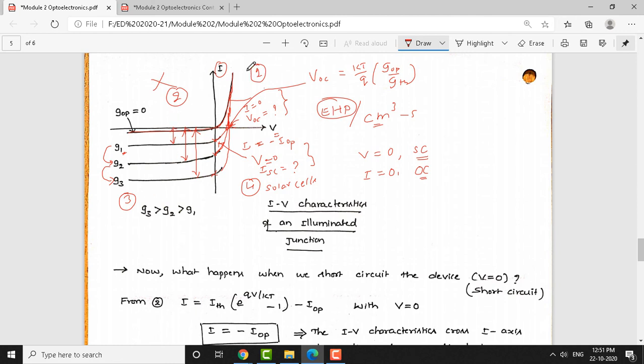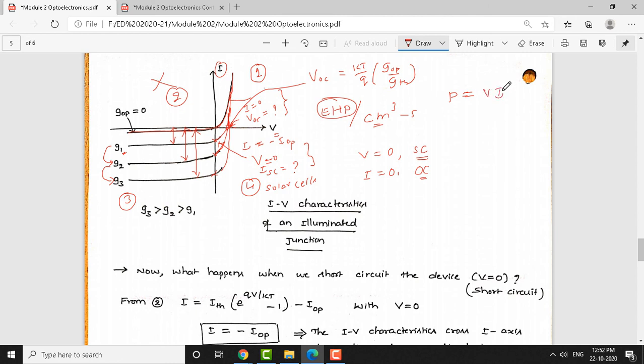In the first and 3rd quadrants, if you look at the product of V into I, based on this we can see whether it is an active or passive element. Active means it provides, it sources the circuit; passive means it consumes from the source. Whenever the product of V and I is positive, it is a consuming device.